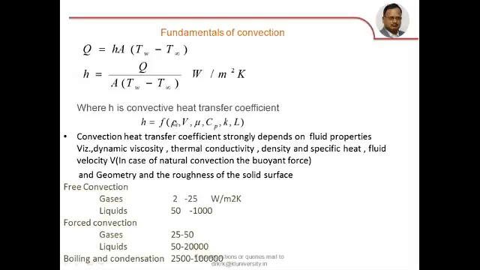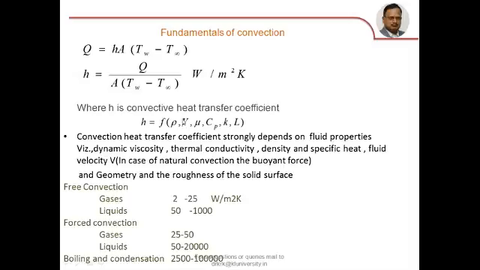Instead of air, if you pour water on a hot surface, it gets cooled quickly because the density of water is more than that of air, and the specific heat of water is more than that of air.